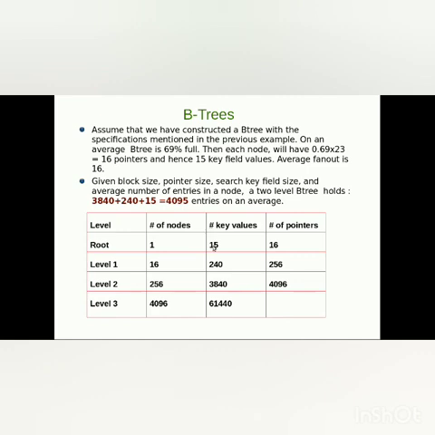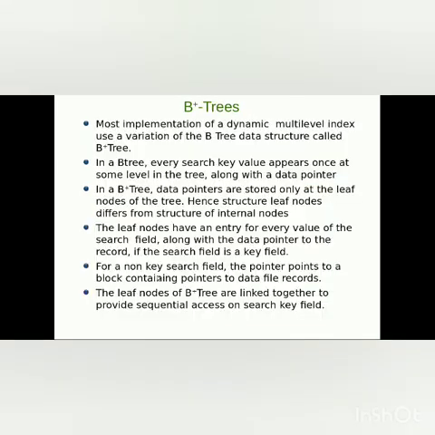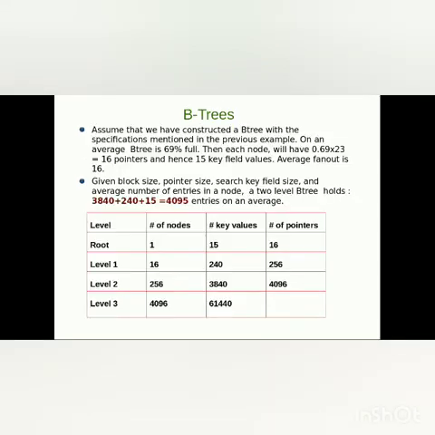Therefore, if you sum the number of entries for a tree with 2 levels, it is 3840 entries in level 2, 240 entries in level 1, and 15 entries in the root. The number of nodes up to level 2 is 1 plus 16 plus 256. Okay, this is the structure of a B tree. In the next class, we will look into how a B plus tree is constructed, and the peculiarities of a B plus tree. Thank you.